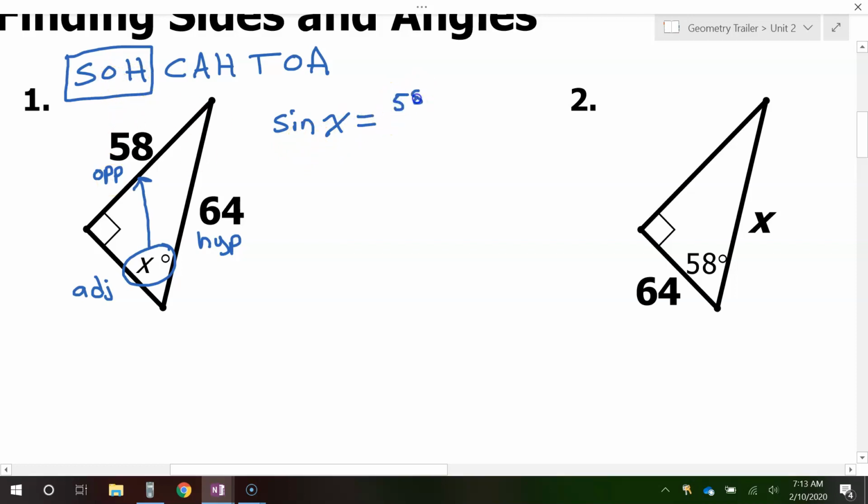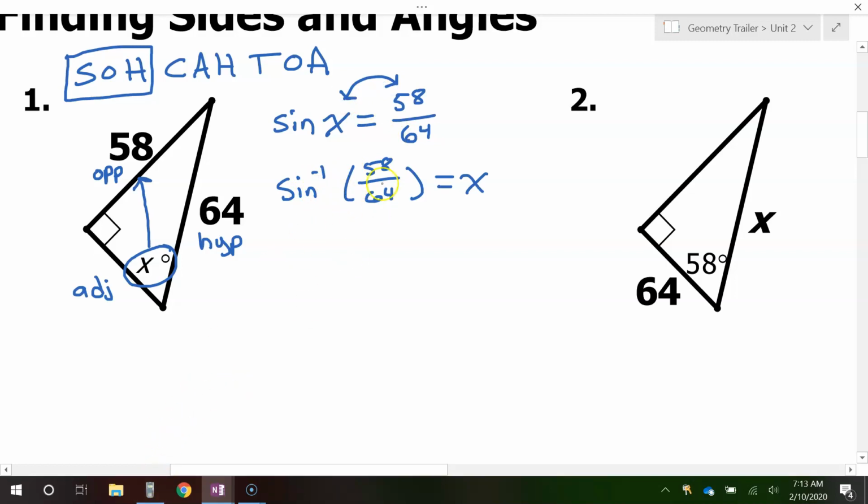So that is 58 over 64. Now, when the variable is inside the trig function, this is when you do the inverse. So we're going to do the inverse sine of 58 over 64, and that should equal x. Basically, these two things switch places, and it becomes the inverse sine.